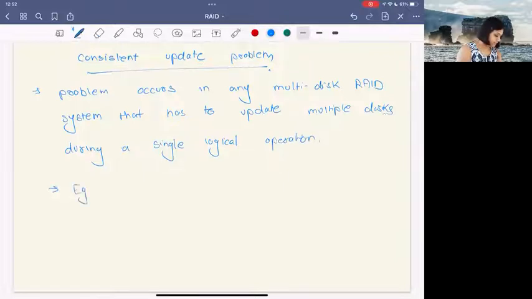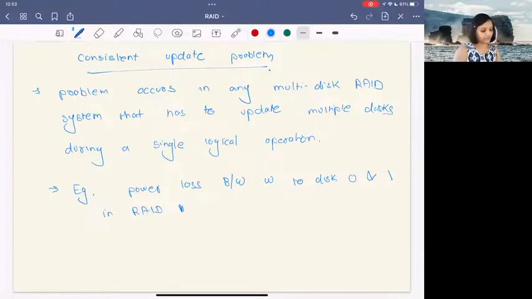For example, power loss between writes to disk 0 and 1 in RAID 1.